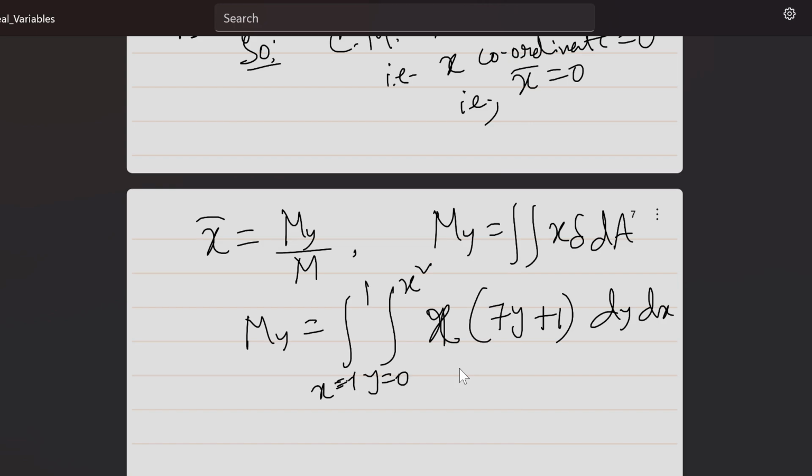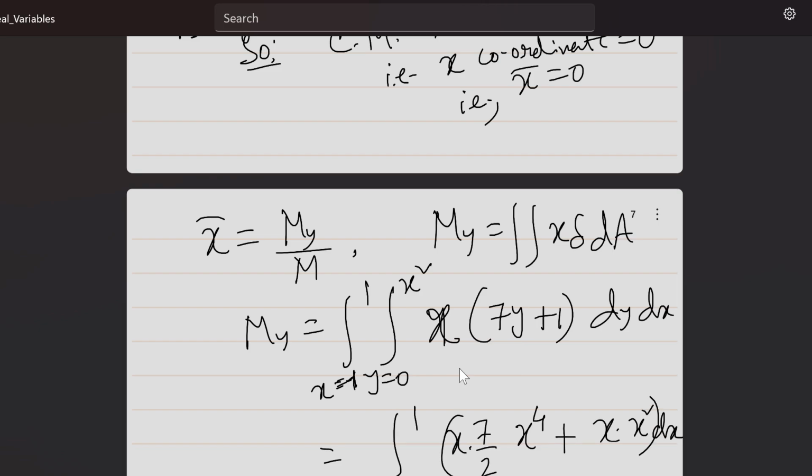Though my x bar will be 0, I am calculating it. So x is from -1 to 1, and integrating y you will get 7 by 2 y square, that means x power 4, plus x into x square.